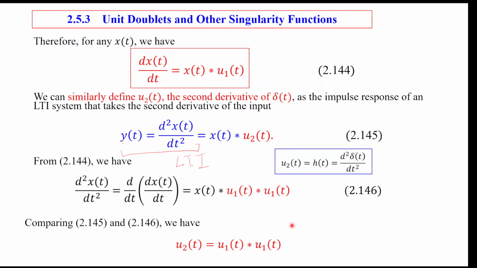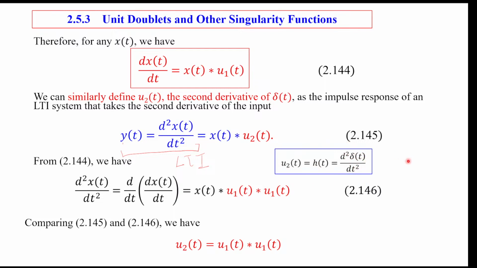We can do the same thing for the second derivative. We think about the system that y of t equal to d square x of t dt square. Once again, this is LTI, so it's equal to x of t convoluted with h of t, which we will write as u2 of t, and just like before, this u2 of t will just be the second derivative of delta of t.